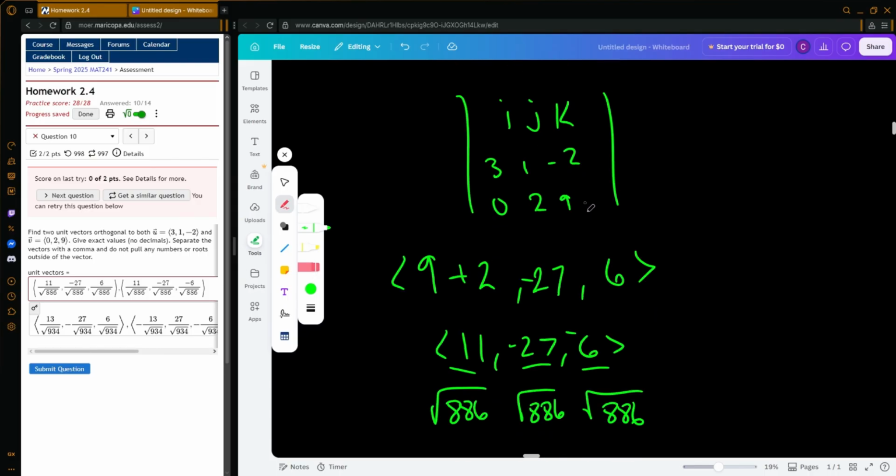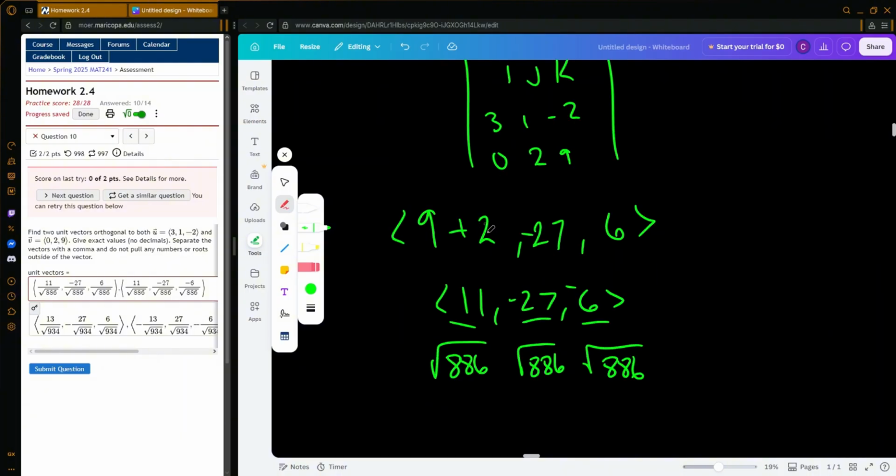The first one's going to be 9 plus 4. 2 times 2 is 4. 9 times 4, so this is 13. That's going to change the bottom. Let's check on the calculator. Yeah, that's right.